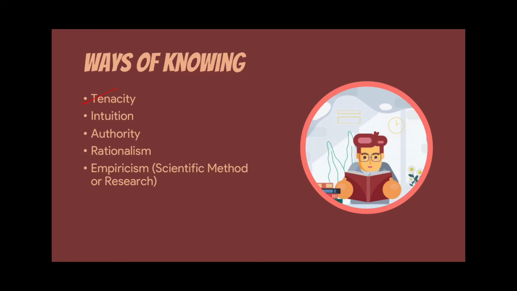So in the method of tenacity or tradition, information is accepted as true because it has always been believed or because superstition supports it. But we all know, of course, that these traditions, these long-held beliefs, don't always hold water. When we talk about sexism and racism, there were things that we believed were true.